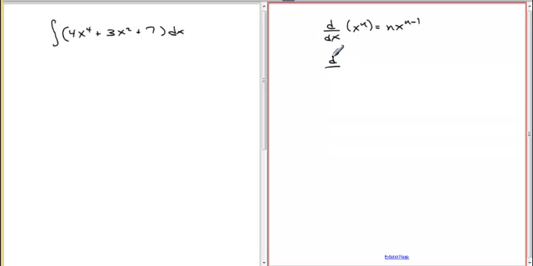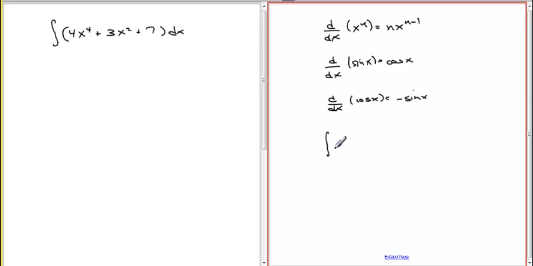There's also the derivative with respect to x of the sine of x is the cosine of x. The derivative with respect to x of the cosine is negative the sine, which we derived all these in chapter 2 using the limit definition.